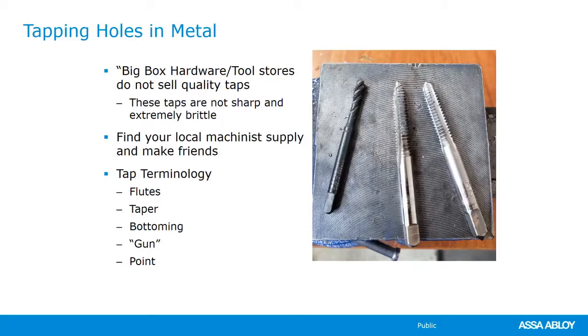Sargent exit devices have some holes that are 10-24, as in the size is a 10, it's 24 threads per inch. Some of the holes that need to be drilled and tapped are 1/4-20. And a lot of people that have experience with taps, and that's what these are, taps, they put threads into metal so that you can take a machine screw and thread it into the door or the frame.